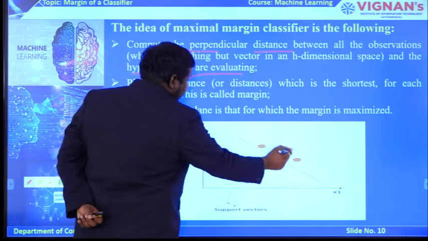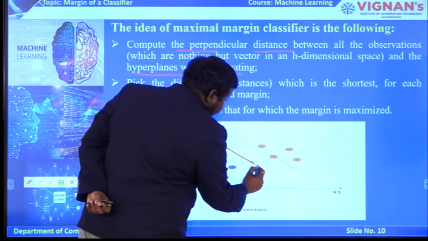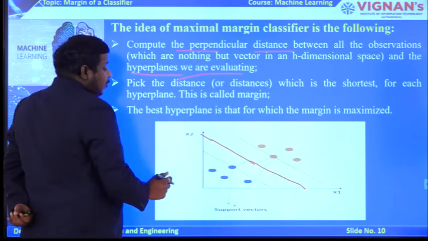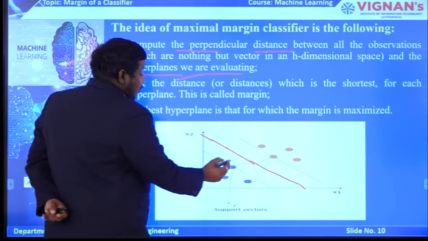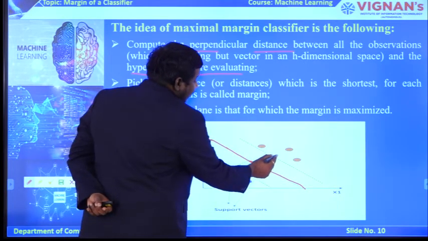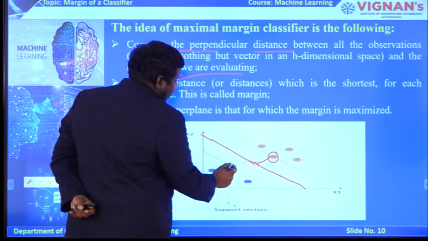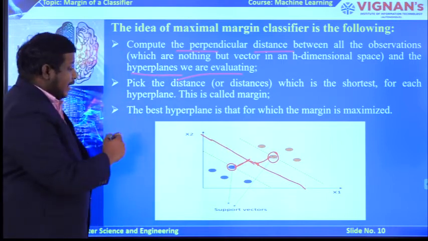These are the observations, and this is the actual hyperplane we have. From this we are going to calculate the perpendicular distance between all the observations and the hyperplane. Okay, we are calculating the distance.